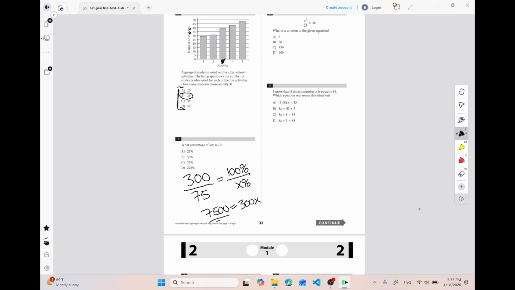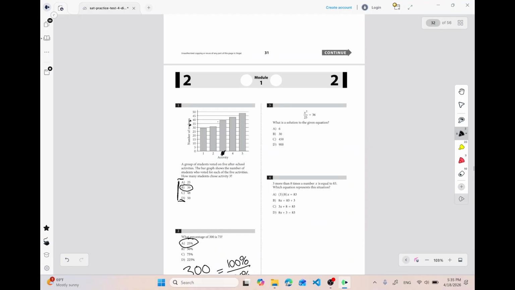Divide both sides by 300. You could plug this into your calculator, but this one's pretty simple. 2 zeros on the top and bottom cancel. 75 divided by 3, x equals 25. So the correct answer is A, 25%.